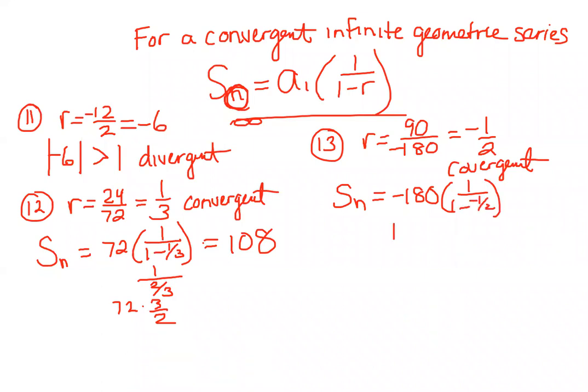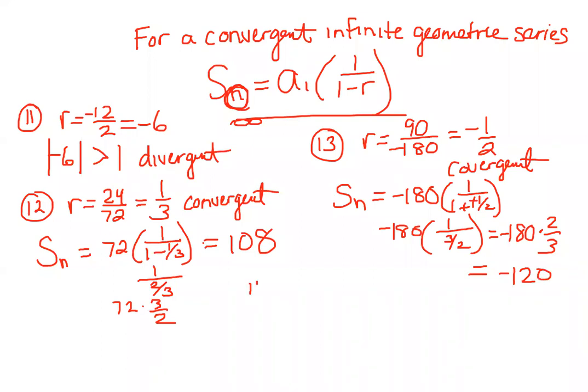So let's just do this. This will be 1 over 3/2, which is -180 times 2/3. -180 times 2 divided by 3 is -120. Okay, that one makes sense because it is negative.